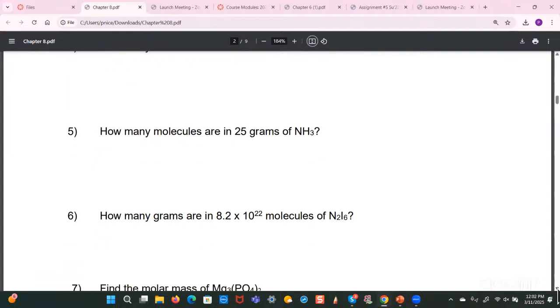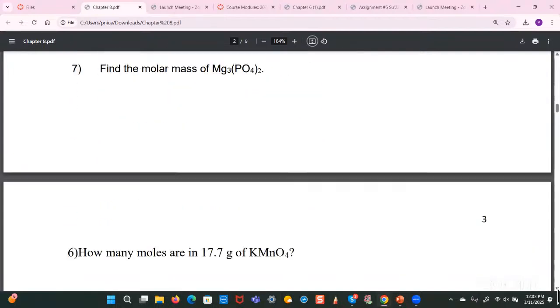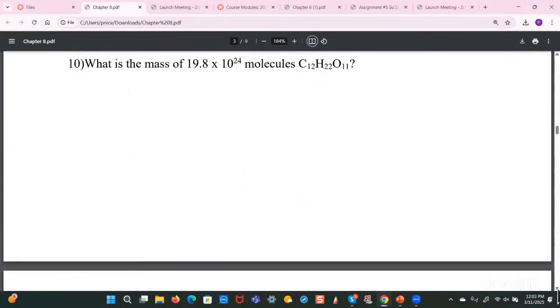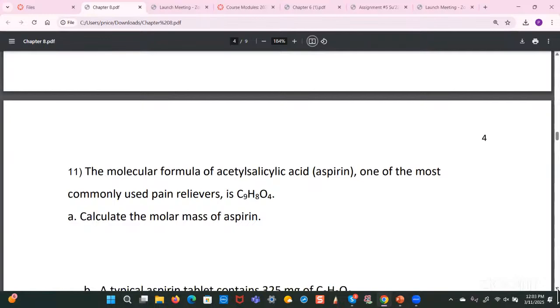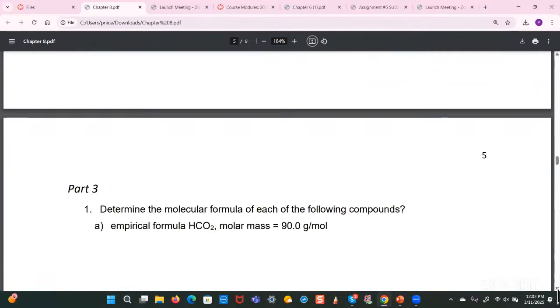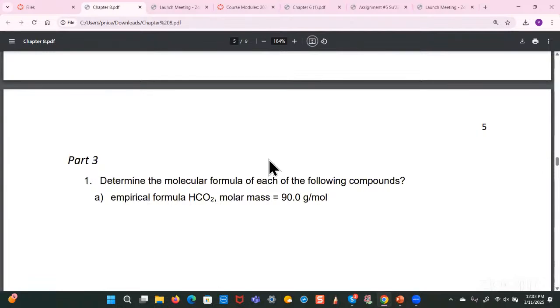We just did number 5, so make sure you do 6, 7, 8, 9, 10, 11. I want you to do up to 11, right? Because for the rest of it, there are some things we have to discuss. I want to make sure that you understand the whole concept of empirical formula before we move on to part 3, all right? So make sure you do all of those questions.